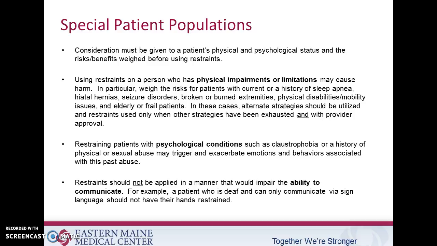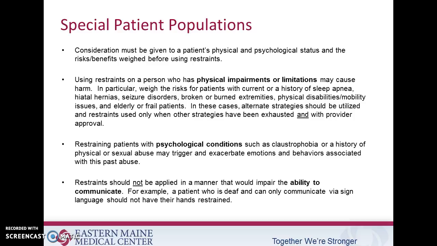They may not necessarily be contraindications to restraints completely, but they're things that we need to think about: patients with sleep apnea, hernia, seizure disorders, broken extremities, other physical disabilities or mobility issues, and just your elderly and frail patients. Again, psychological conditions, we talked about history of abuse.